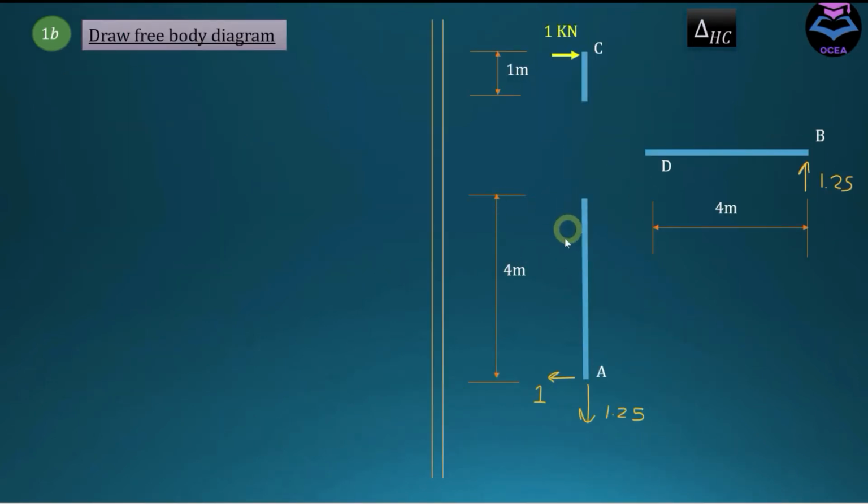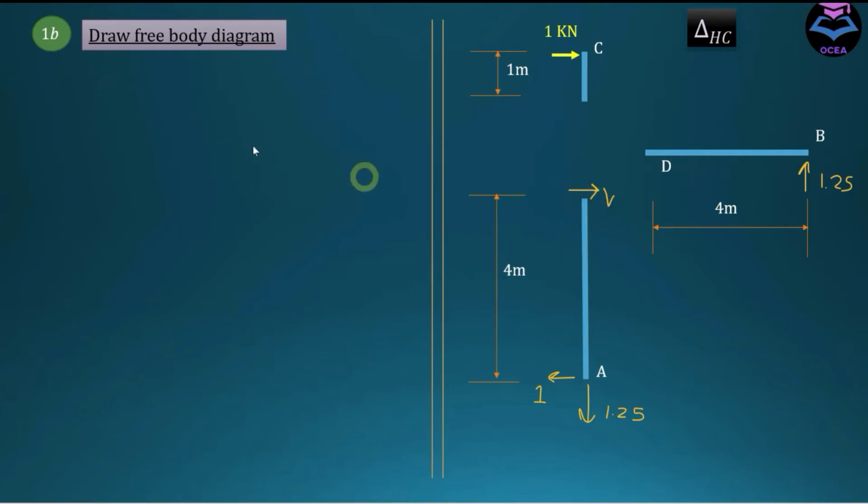To draw the free body diagram of the frame, separate the member at this joint and then apply the reactions. After applying reactions, calculate internal force here as well as here and at this end of the member. To determine internal forces at this end of the member, just apply conditions of equilibrium. So first we are going to determine this shear force.